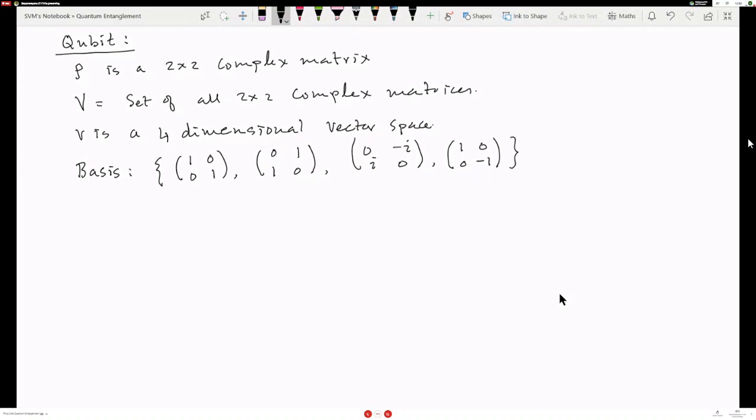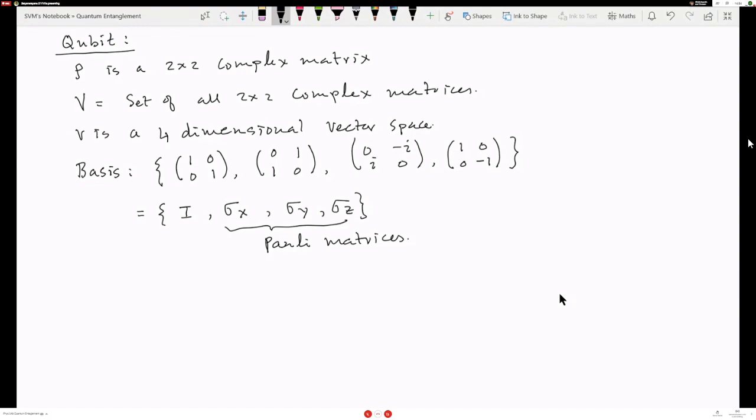If you can recall, this is basically the identity, then you have sigma x, sigma y, and sigma z. These are called Pauli spin matrices, or Pauli matrices. So the identity and the three Pauli matrices become a basis for the four-dimensional complex vector space of 2 by 2 matrices.